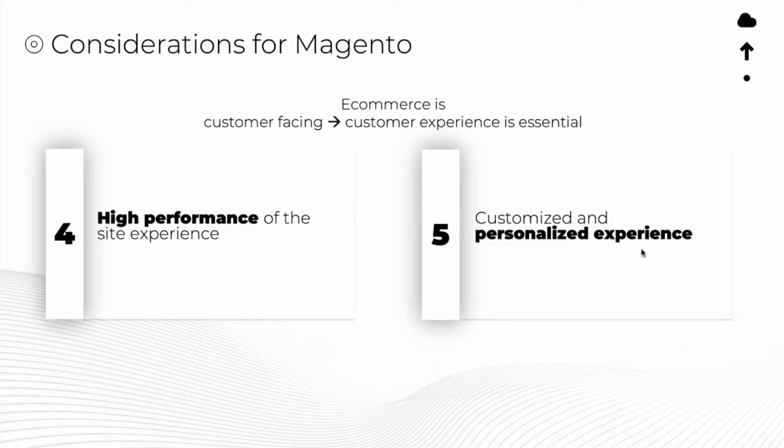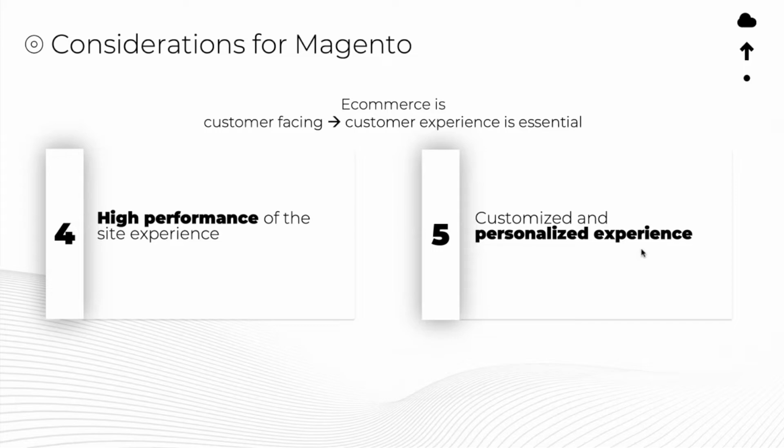And since the e-commerce portals are published to the internet and are customer-facing platforms, the end user experience and high performance are always among the main requirements for Magento, in order to keep the customer expectation and the end customer experience at a high level.